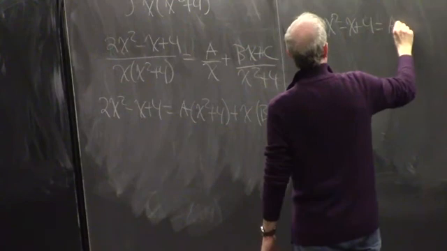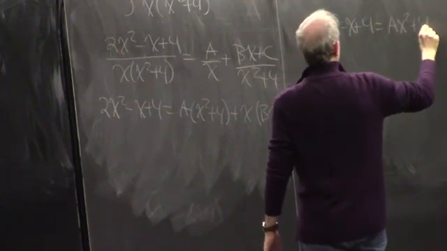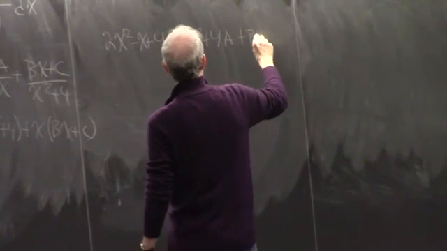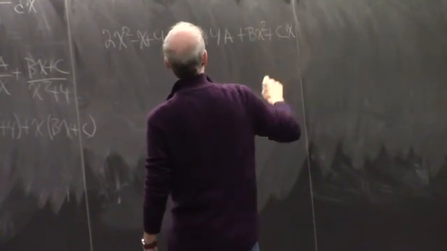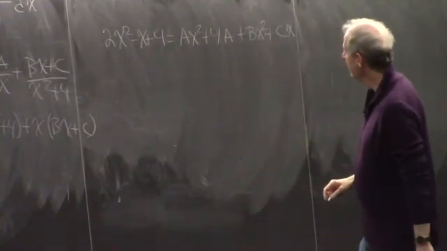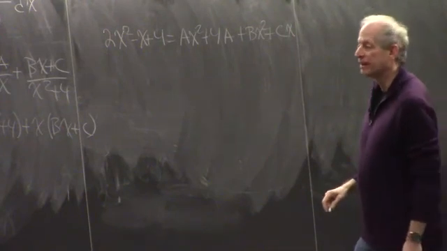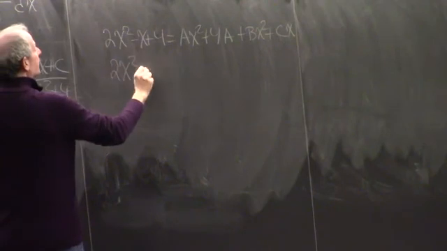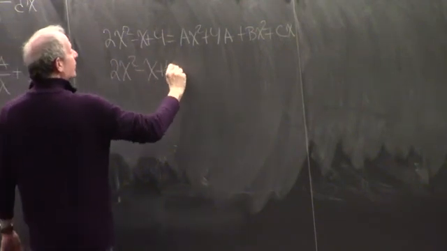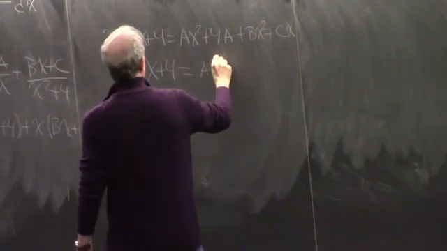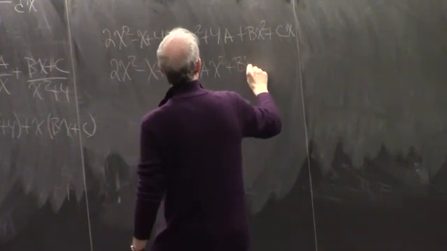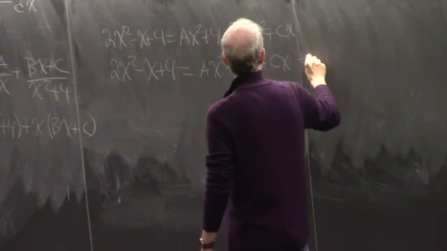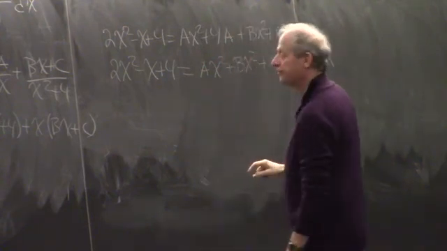This has to equal Ax^2 + 4A + Bx^2 + Cx. And then you do a little grouping. So 2x^2 - x + 4 is Ax^2 + Bx^2 + Cx + 4A.